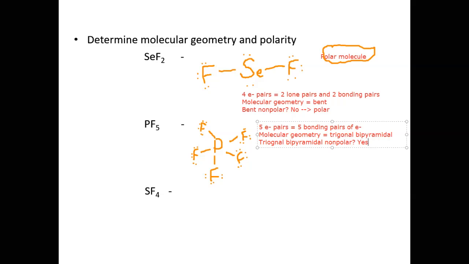This is a good indication that it is nonpolar. And all the terminal atoms are fluorines. So PF5 is a nonpolar molecule.